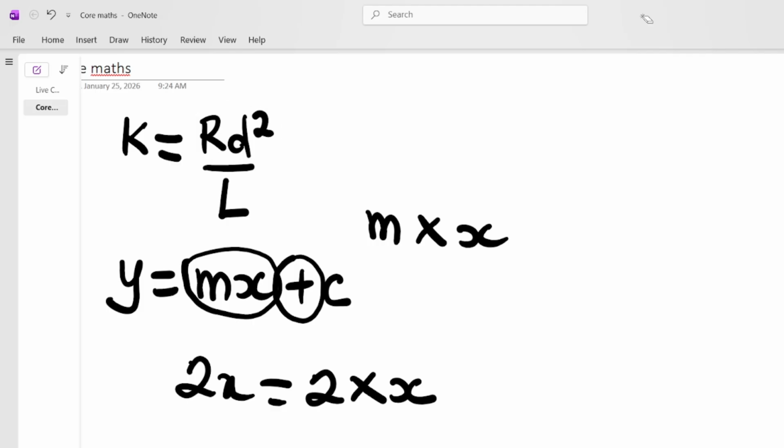Okay, so this will lead us to the concept of substitution. We are going to substitute values. We're given values, and you do substitution of the values into the equation. So let's look at some examples.